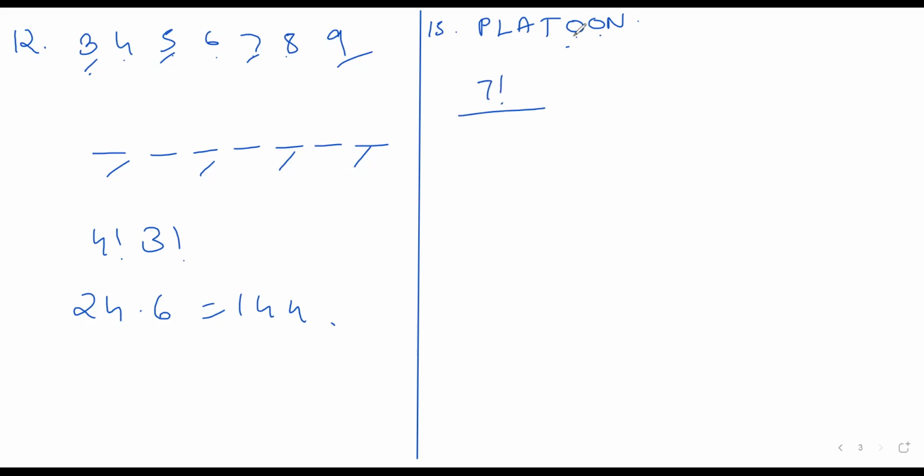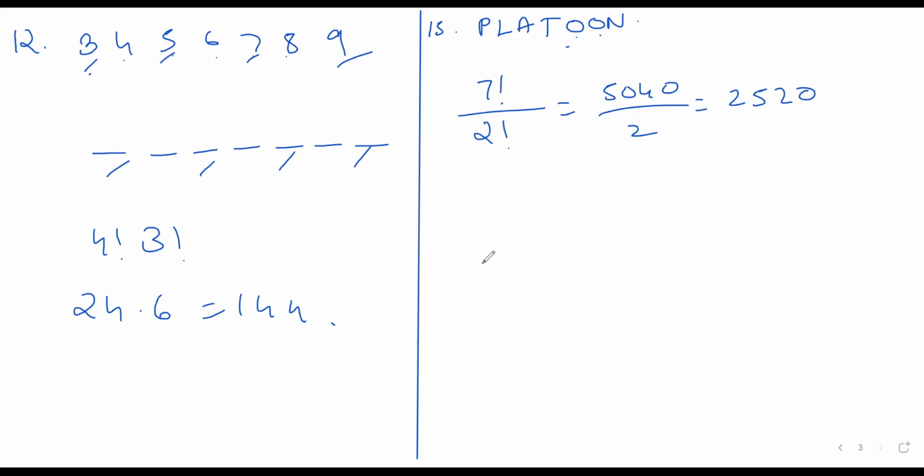Out of them, O is alike, so it will be divided by 2 factorial. It's 5040 divided by 2. It's 2520, total number of arrangements.